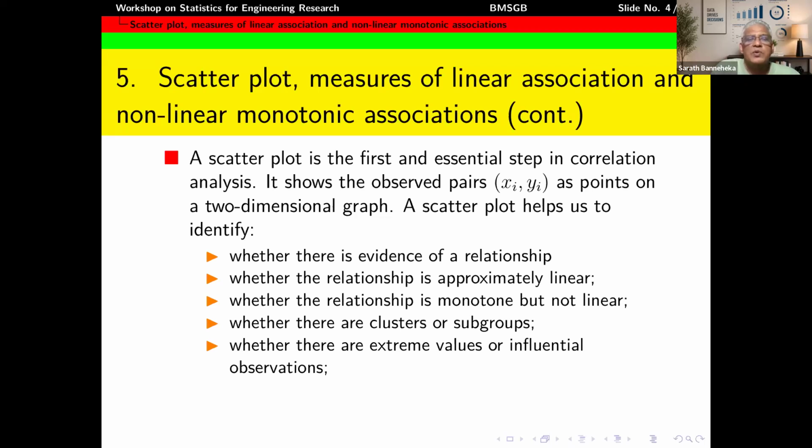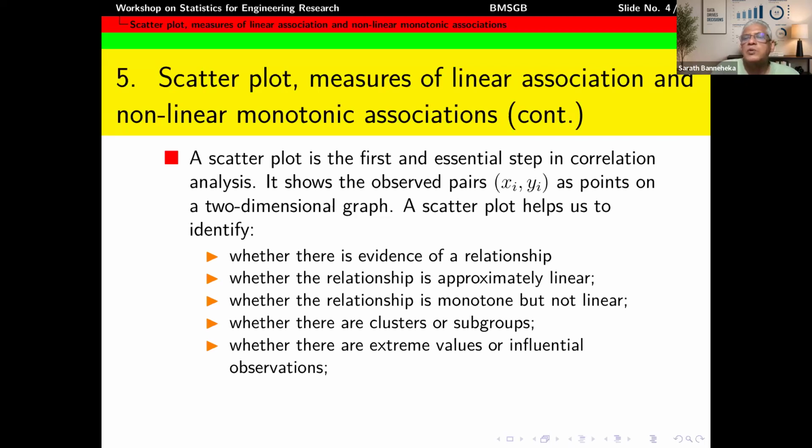So therefore, a scatter plot is the first and essential step in correlation analysis. It shows the observed pairs of values, xi, yi. We have paired observations always.